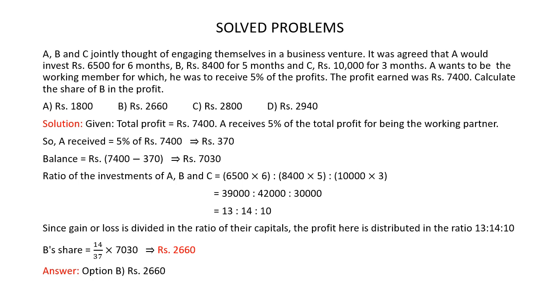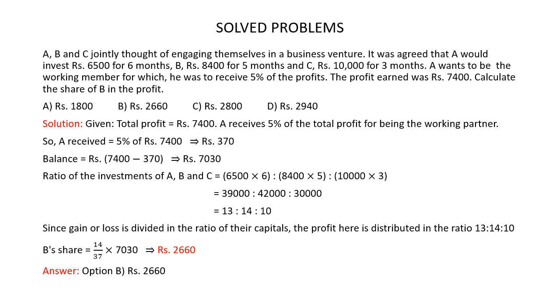Now we know that the profit that is to be distributed is rupees 7,030 in the ratio of 13 is to 14 is to 10. Now the sum of the terms of this ratio is 13 plus 14 plus 10, which is 37. Now we are asked to find the share of B in the profit.